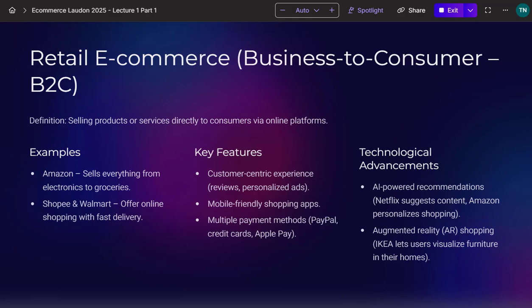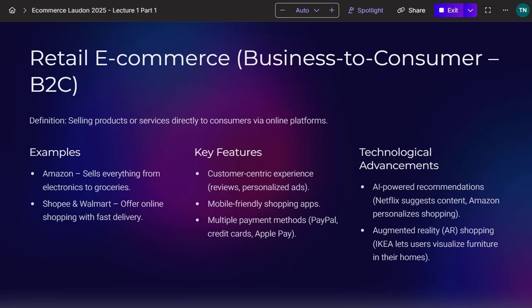The key feature of B2C commerce is that the customer experience is critical, with elements like reviews, personalized ads, and mobile-friendly shopping apps. Also, multiple payment methods such as PayPal, credit cards, and Apple Pay are key features of B2C commerce.